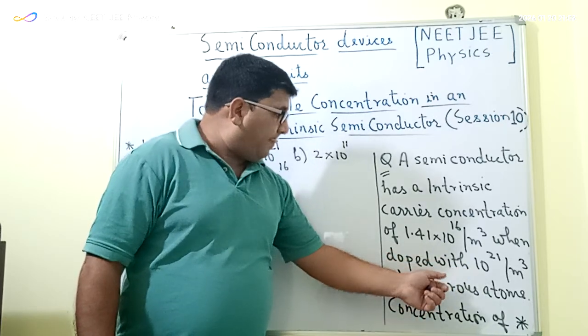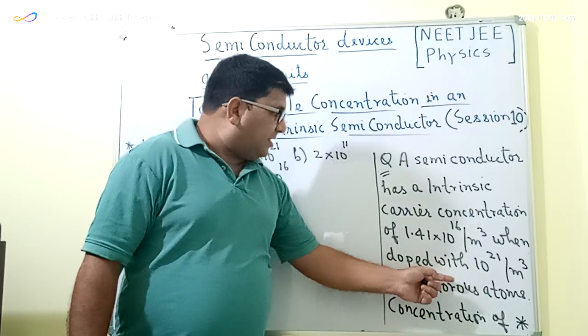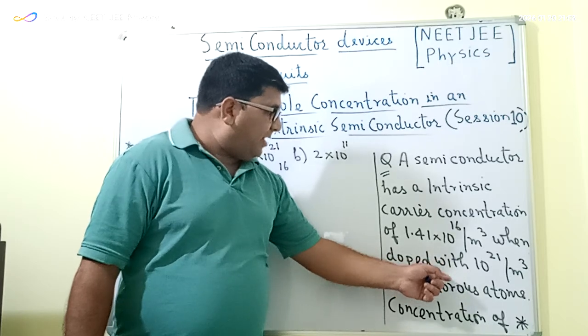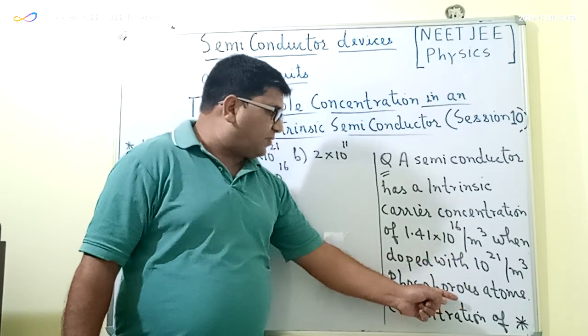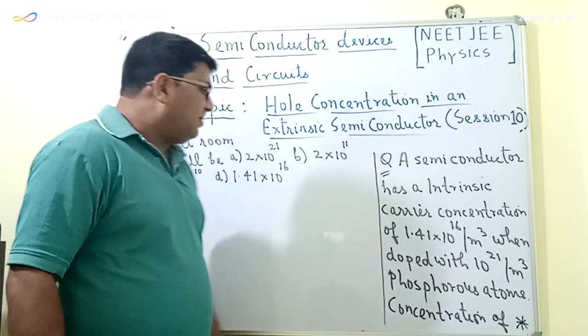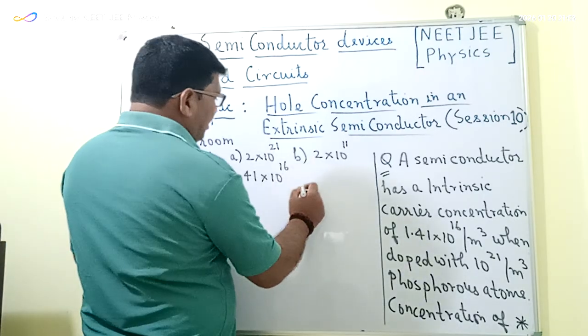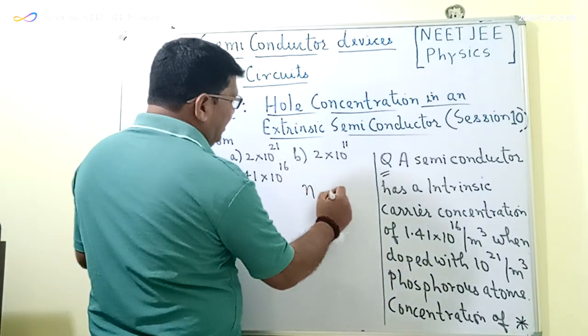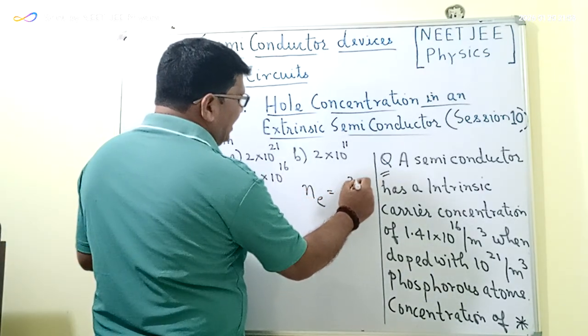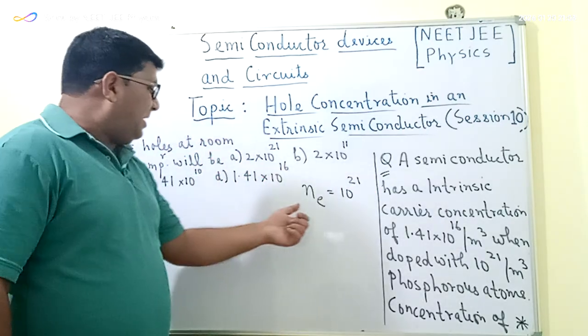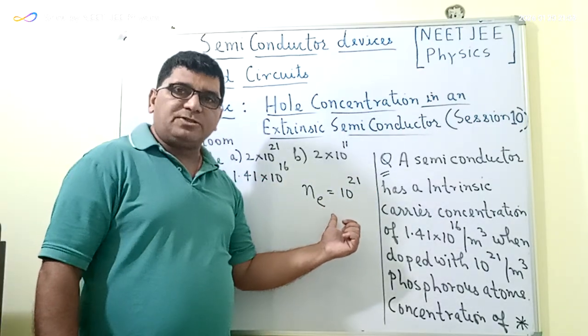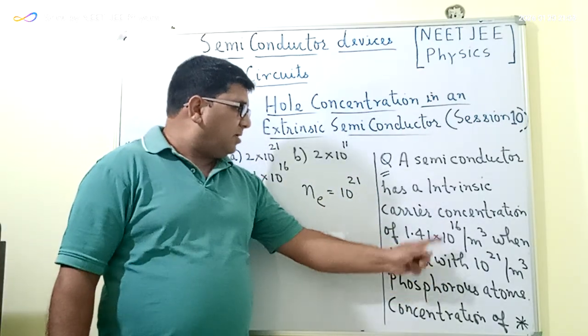So here in 1 cubic meter we have 10 to the power 21 phosphorus atoms, so in 1 cubic meter I will be getting 10 to the power 21 free electrons, and here Ne is the number of free electrons in 1 cubic meter.